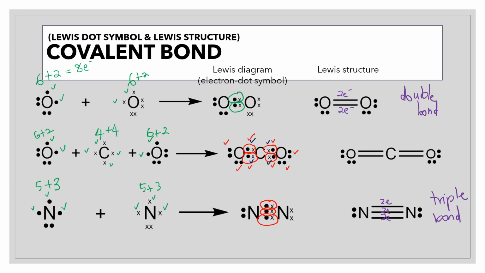And you can check the octet stability untuk setiap atom. So nitrogen now dah pun ada sebanyak 2, 4, 6, 8 electron, and this nitrogen has 2, 4, 6, 8 electron as well. So by sharing electrons, each atom tadi sudah pun mencapai octet stability.